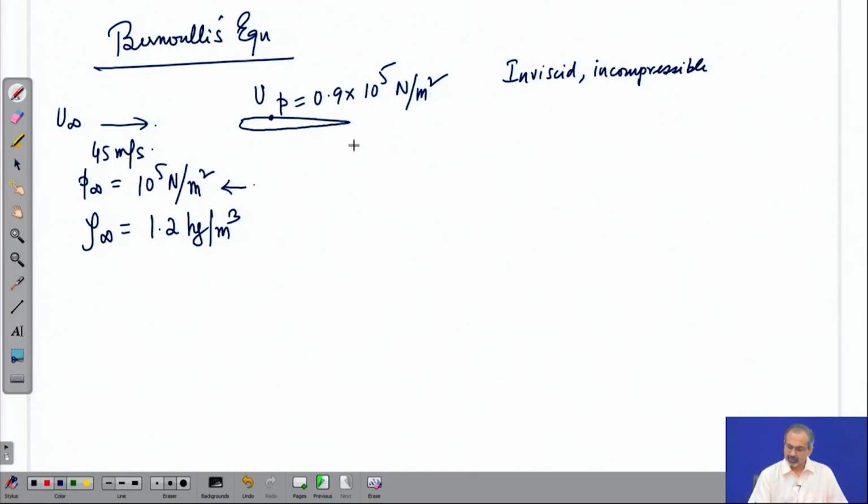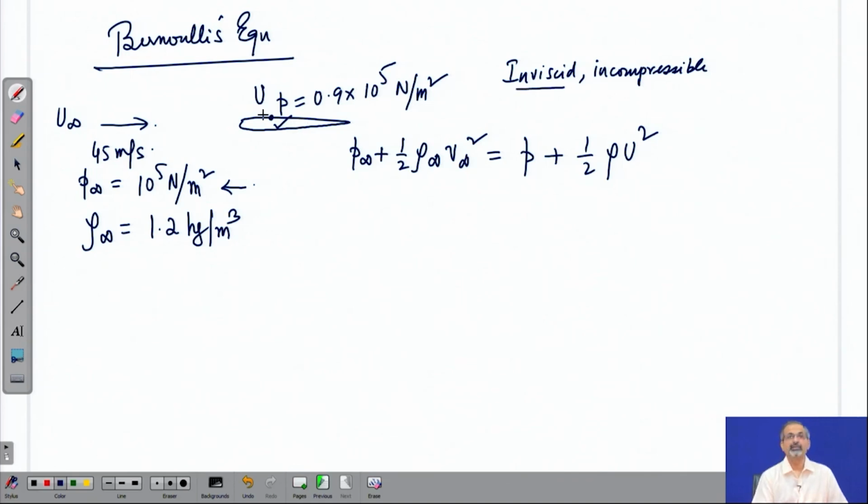So, obviously, we invoke Bernoulli's equation and try to apply it between the two regions, taking this as the point on the airfoil. Remember that because we are considering inviscid flow, the velocity on the airfoil surface can slip, and what you have in the free stream.